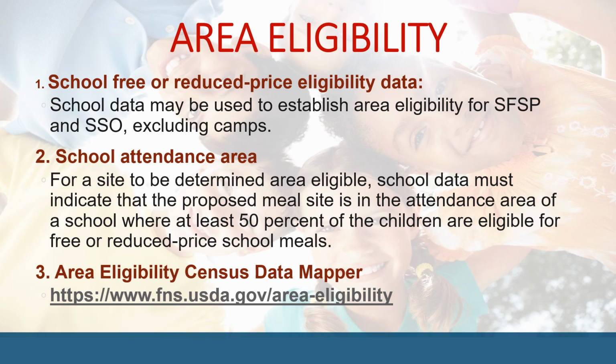School attendance area: for a site to be determined area eligible, school data must indicate that the proposed meal site is in the attendance area of a school where at least 50% of the children are eligible for free or reduced price school meals. You can determine if your site is area eligible by clicking on the link provided for the Area Eligibility Census Data Mapper.